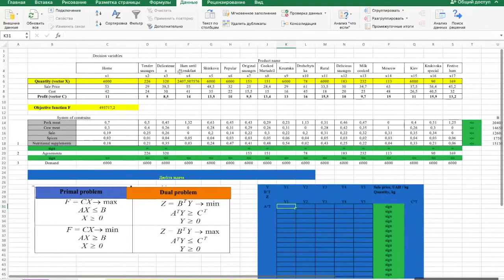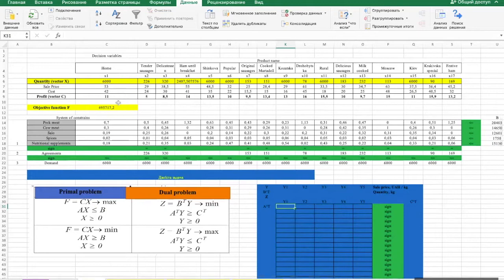We have our objective function, and we find the maximum of this function f. We have the optimal quantities of each kind of product, and we can see all these values in this yellow line. This is our optimal quantity of each kind of sausage.